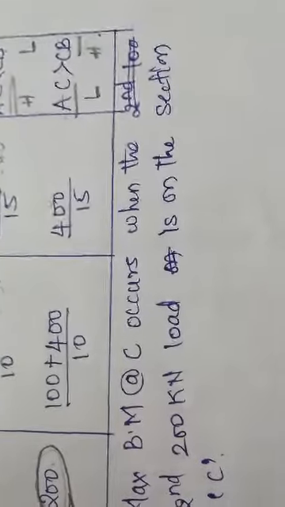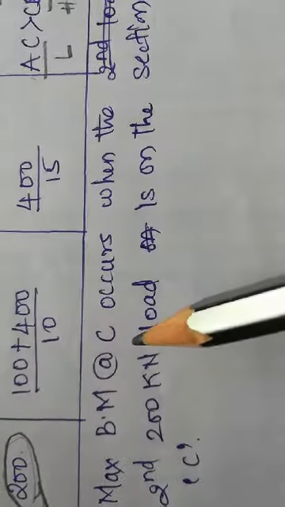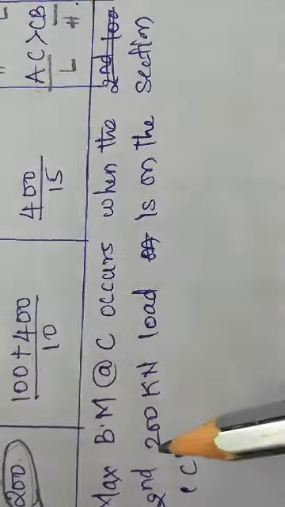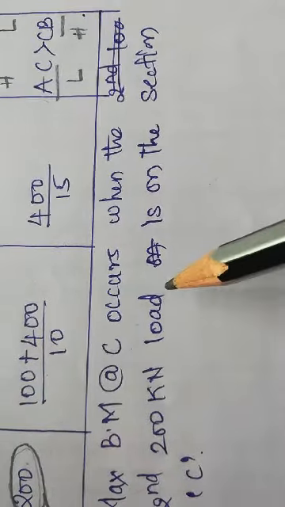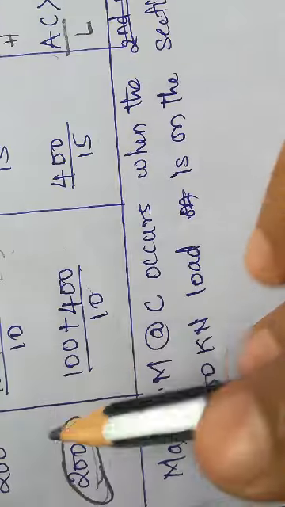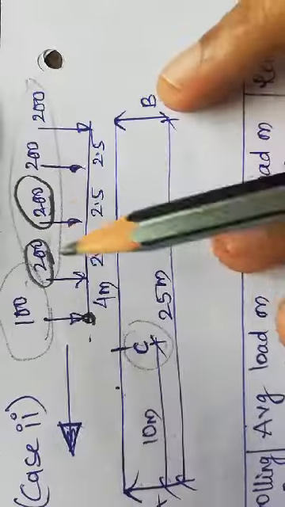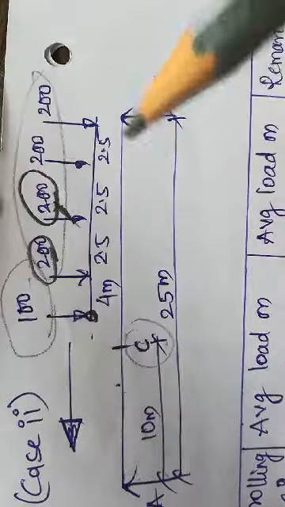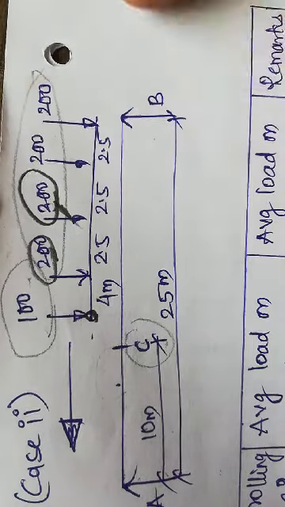Now a statement can be written as: maximum bending moment at C occurs when the second 200 kilonewton load is on the section C. Because of this second 200 kilonewton load we are getting the maximum bending moment.